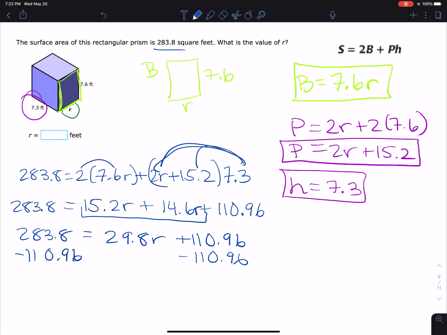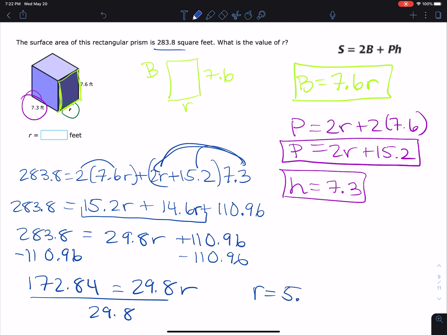So 283.8 minus 110.96 gives me 172.84 equals 29.8R. Okay, now we just have to divide by 29.8. And so that gives me R is 5.8. Woo! That was a doozy.